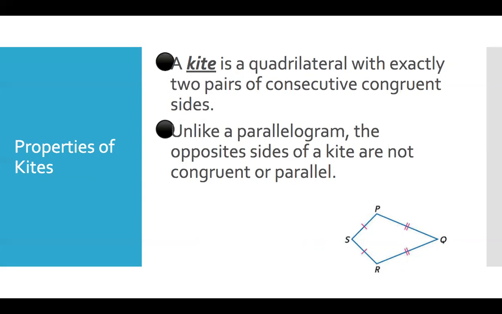And so unlike a parallelogram, the opposite sides of a kite are not congruent or parallel. So it's a quadrilateral, it has 4 sides, but the opposites are not congruent, nor are they parallel. You just have 2 pairs of consecutive congruent sides.